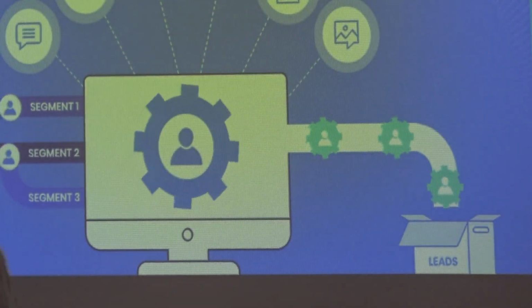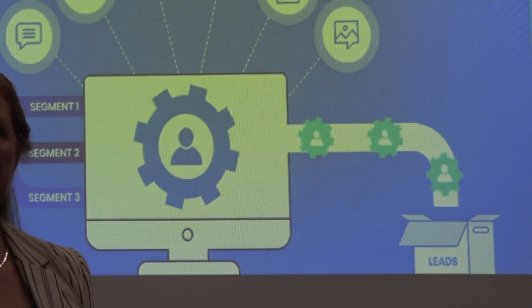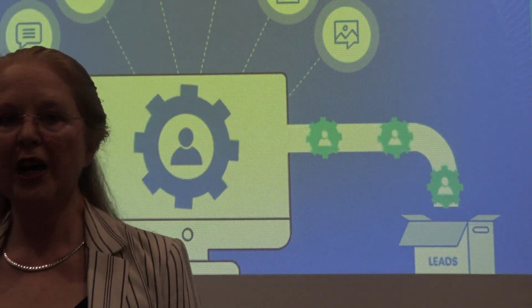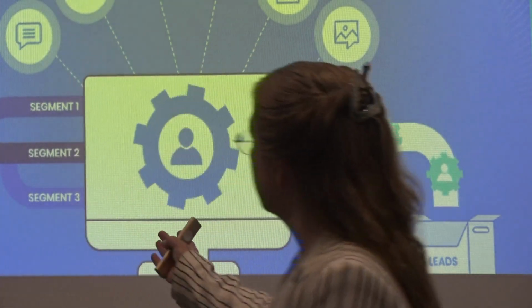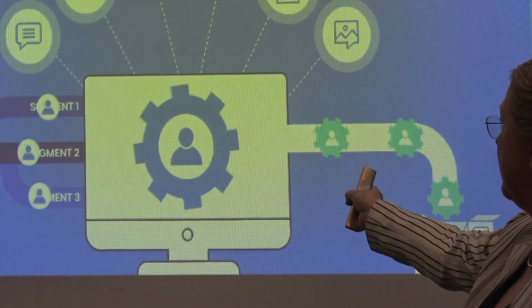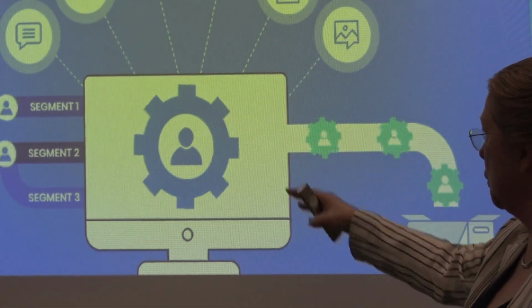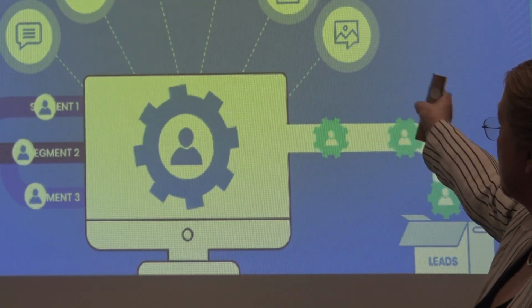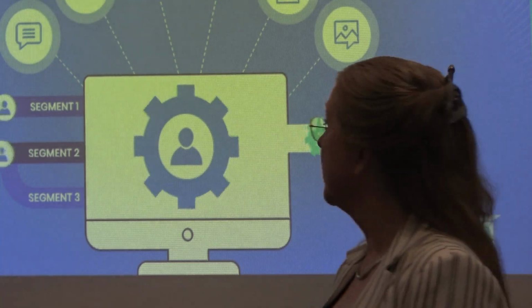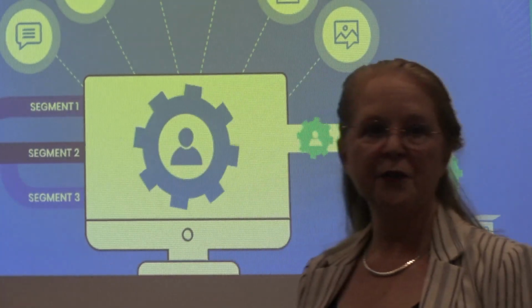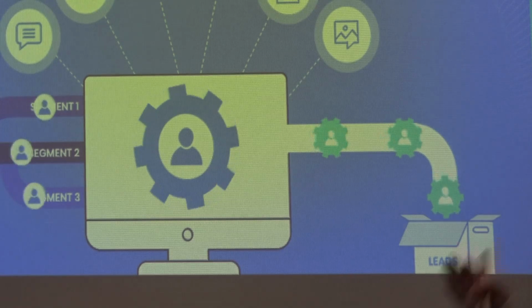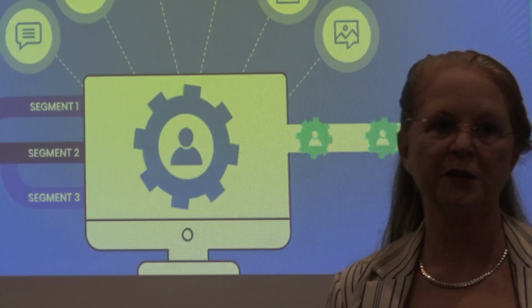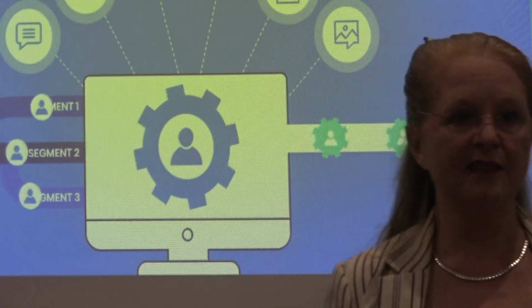Another thing that CRM can do for us is automatic segmentation prior to follow-up. So what you're seeing here is leads coming in, they're being sorted, and based on how they sort, they get an appropriate combination of SMS, voicemail, email, surveys, MMSs that could include picture files, and so on.